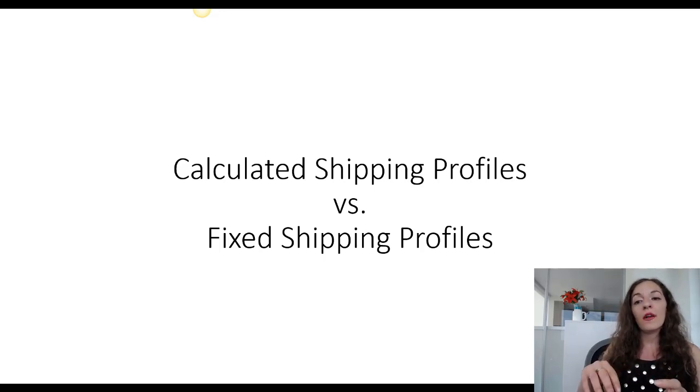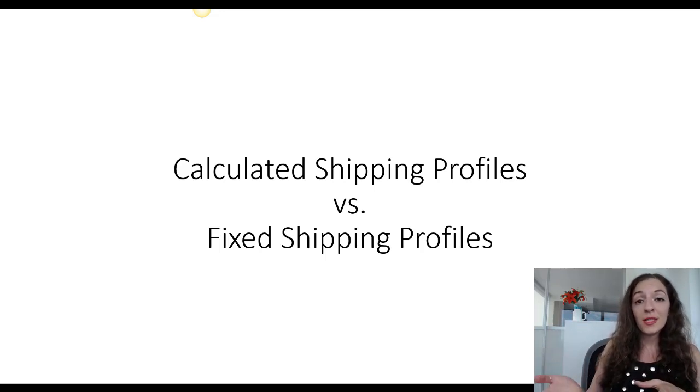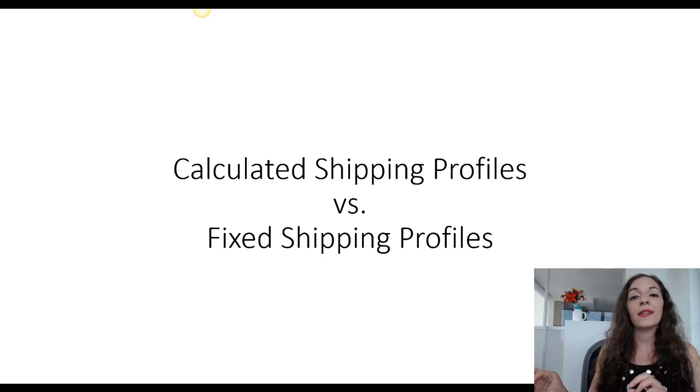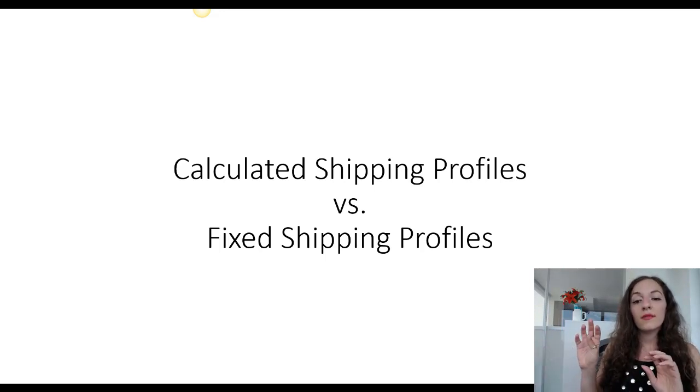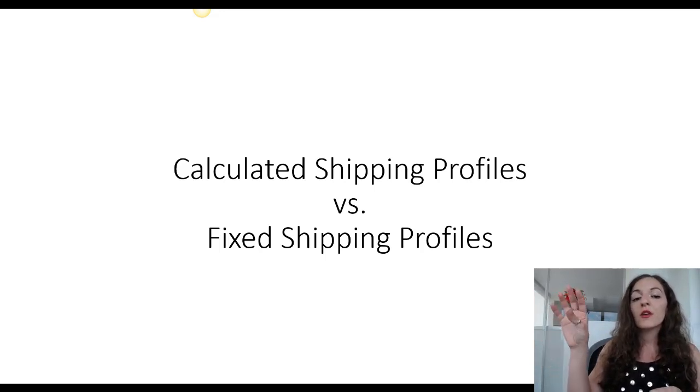And based on where the buyer is and also what method they choose to receive their item, Etsy will, using their estimates with USPS and all that kind of stuff, estimate the shipping cost and then show that shipping fee to your buyer at checkout. So it's a calculated shipping profile.